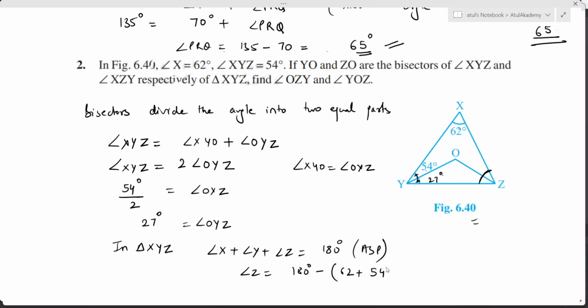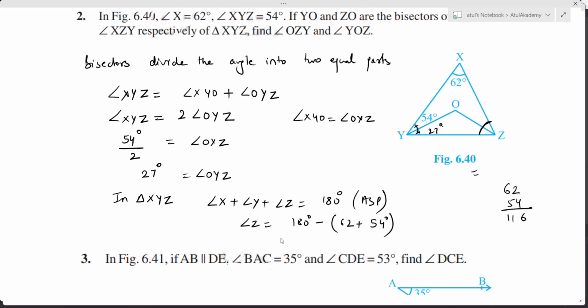What is Y? 54 degrees. So what is 62 plus 54? You can add it, 116. So this will be 180 minus 116. So let's subtract. This will be 4, and 7 minus 1 is 6. 64 degrees. Now Z is 64 degrees.